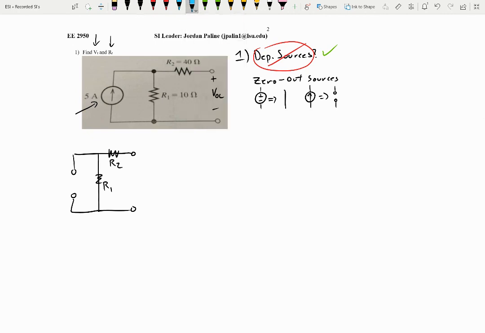Then we'll draw VOC, and then plus and minus. Okay. So this is our new circuit, and this is what we're going to use to find R Thevenin.